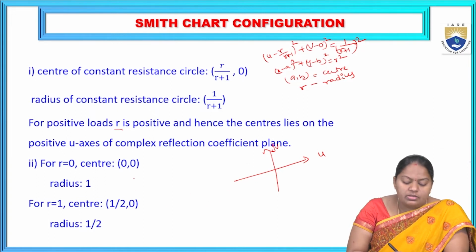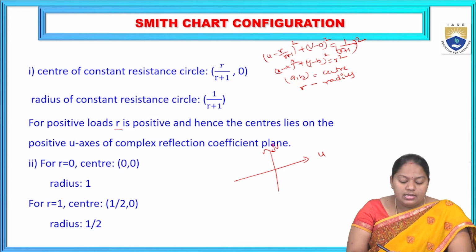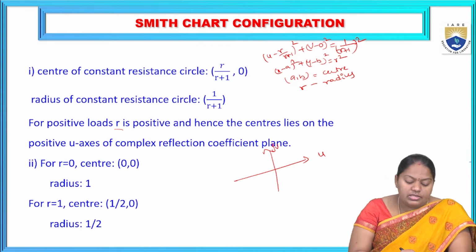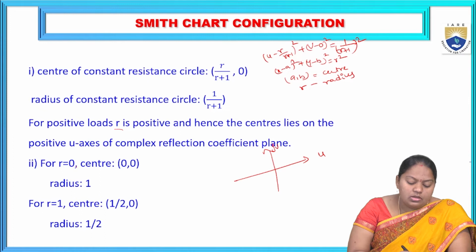So all the circles lie based upon this u-axis only, positive u-axis only. For different values of resistance r, with different radius and center, we are going to draw the constant resistance circles. To draw that, first, the initial value we assume starts from 0. So for r equal to 0, what is the center? R by r plus 1 comma 0.